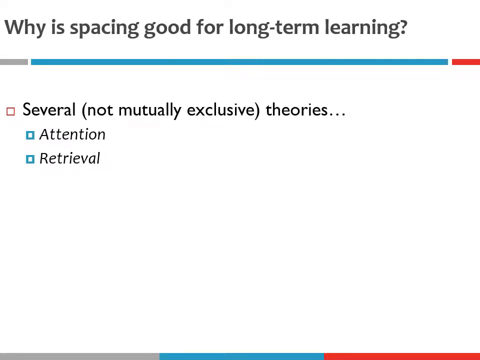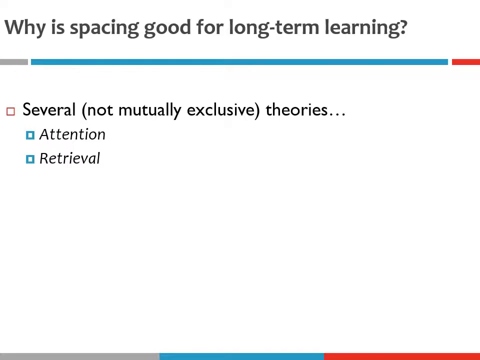Okay. The second theory has to do with retrieval practice, right? So in my last video, I was really emphasizing how retrieval practice is one of the most effective strategies that you can use if you want to remember information long term, right?